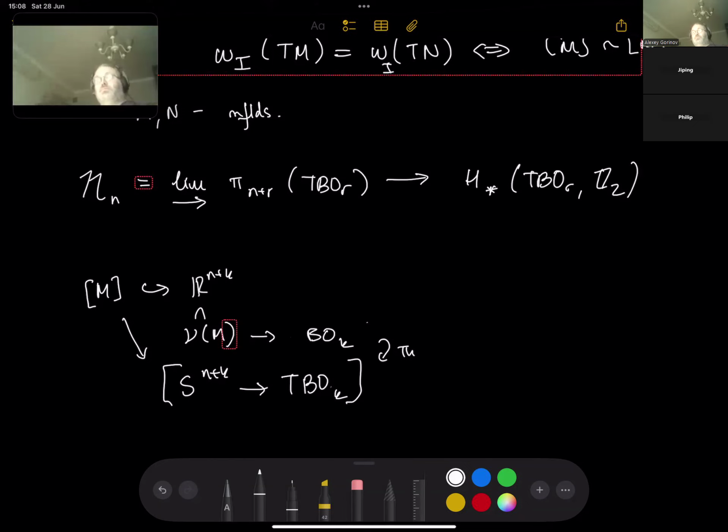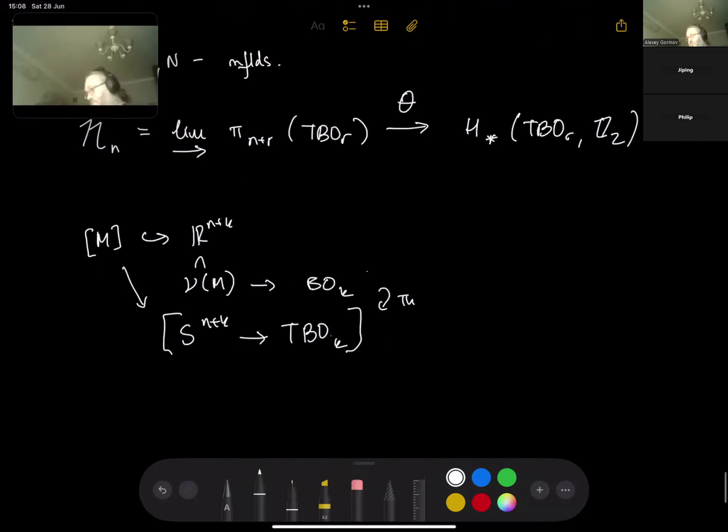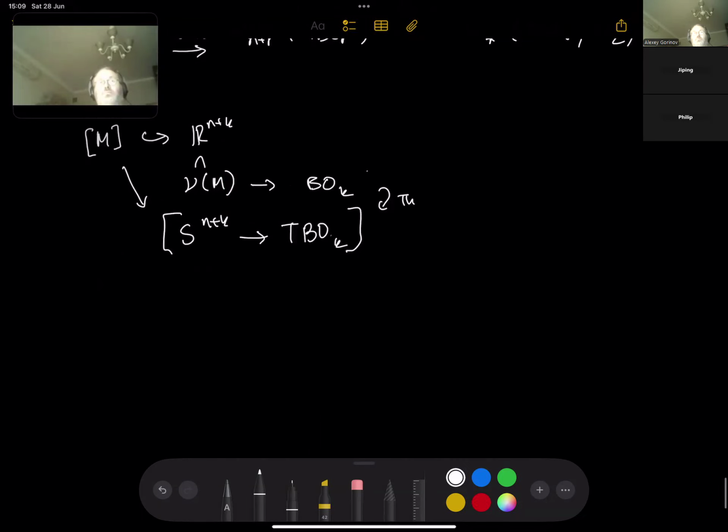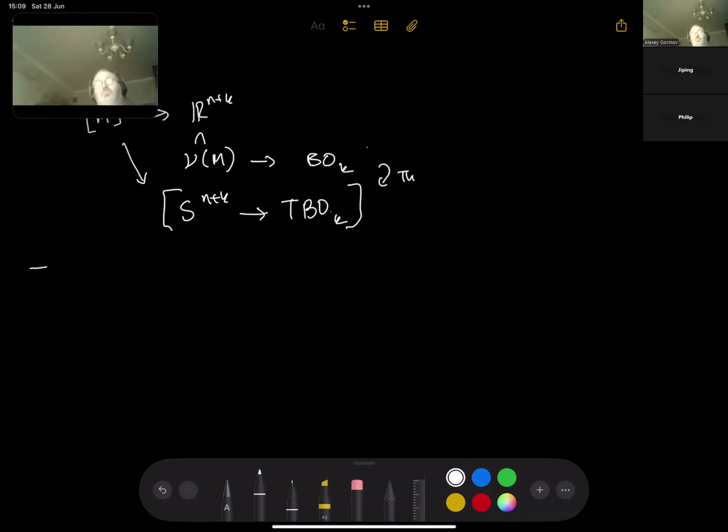So we have an injection in particular into the homology of TBO_R, and I will denote this composition by theta. And then I will need something else. So then I will look at the Thom isomorphism.